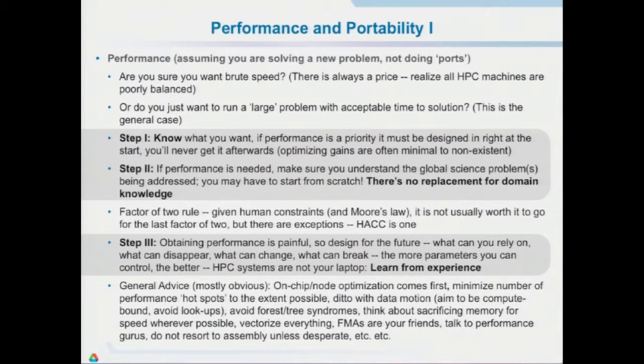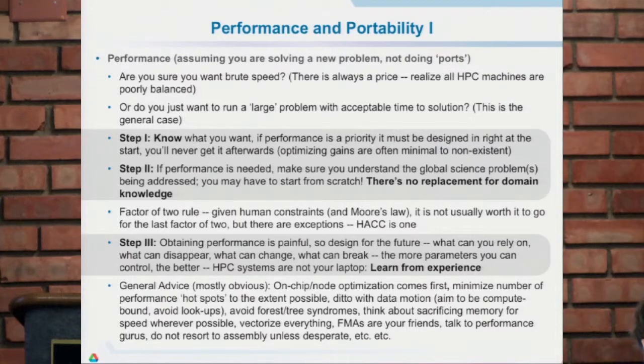The other advice about performance is that there's a whole slew of things that you have to think about. But one of the very important lessons, which is not emphasized enough sometimes, in my opinion, is that on-chip/node optimization must come first. All machines that we work on are lousy, right? This is very important to keep in mind because you have a lot of compute, but the compute to communication balance and memory access is terrible.